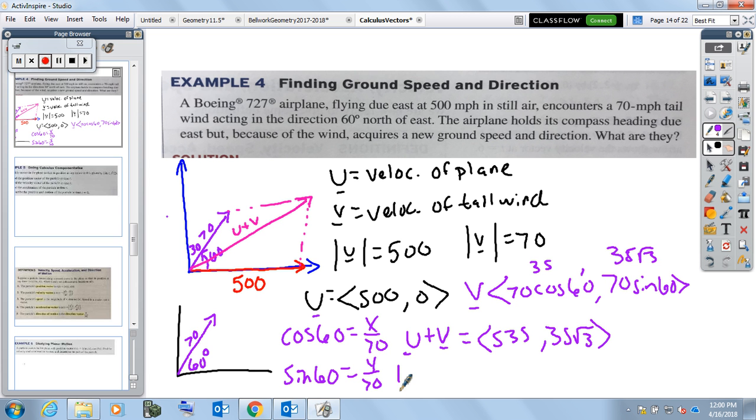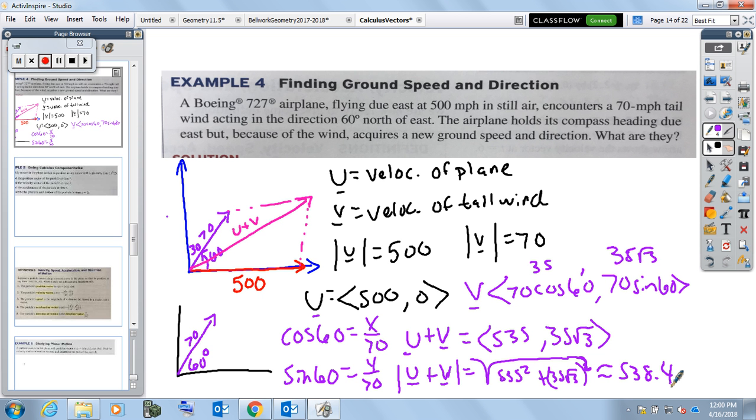And so the magnitude of u plus v in this case is the root of 535 squared plus 35 root 3 quantity squared, not cubed. And then this ends up roughly being 538.4. And so there is our new ground speed that we're dealing with. But we're not quite done.